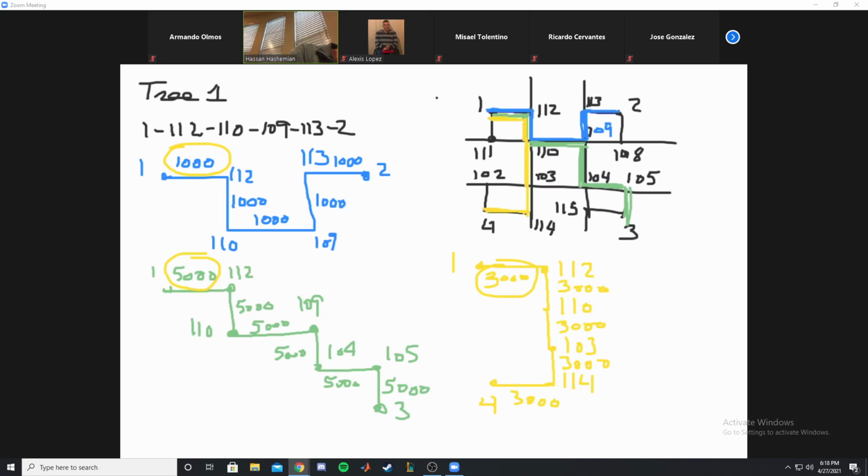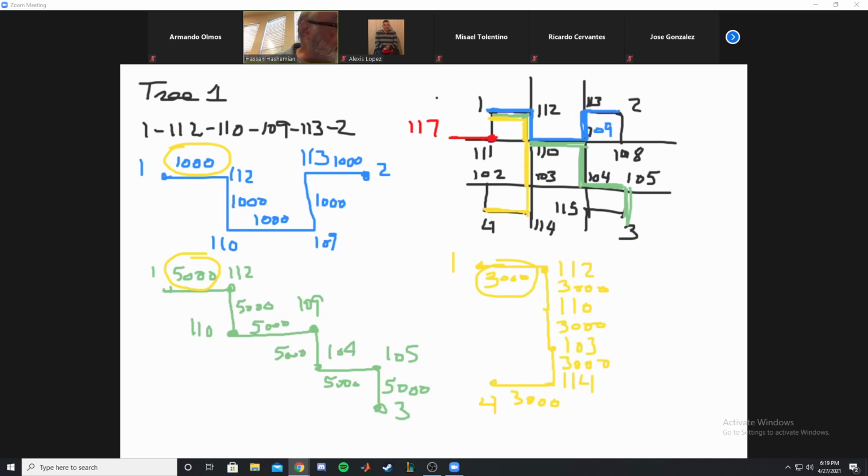117 is here. This is 117 to 111, which is here. So if this link is being used and you have a volume on it, you got to fill out that page, the missing links.